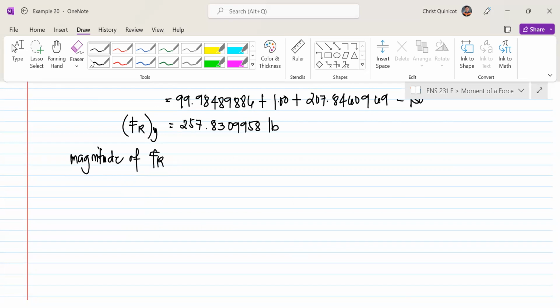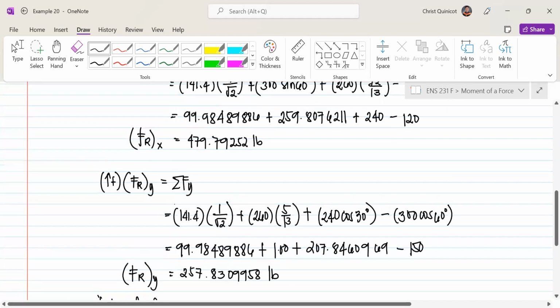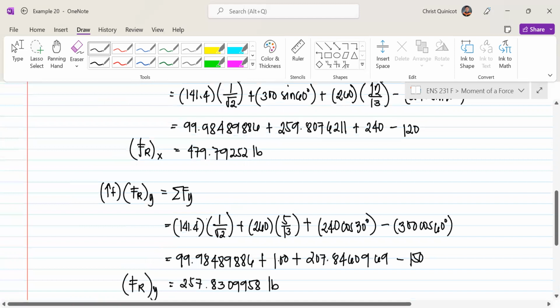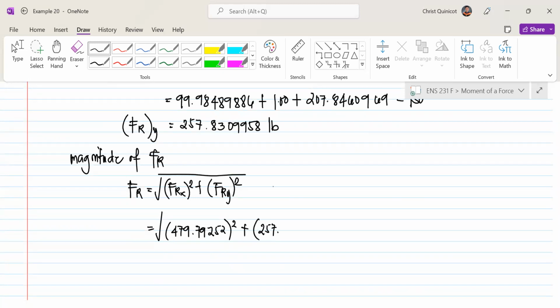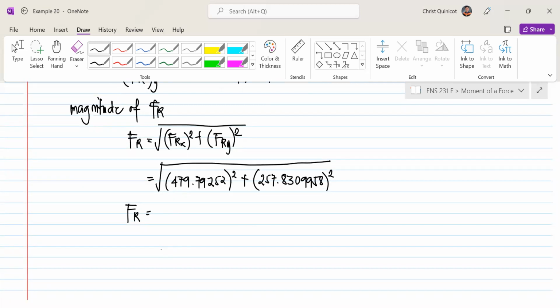of F sub r, we have F sub r is equal to the square root of F sub r x squared plus F sub r y squared, which is the square root of 479.79252 squared plus 257.8309958 squared.